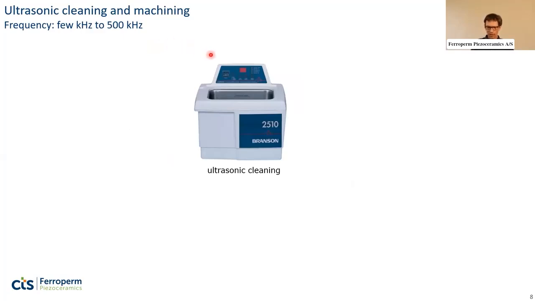So in this case, there is an ultrasonic bath, and you have some discs of piezoceramic material attached to the outside of this steel tank, and using ultrasound you can actually generate high amplitude ultrasonic waves in the liquid inside the tank. So this is very efficient for ultrasonic cleaning, which is well known in the laboratories, and even for cleaning glassware, or for cleaning glasses at the optic shop.